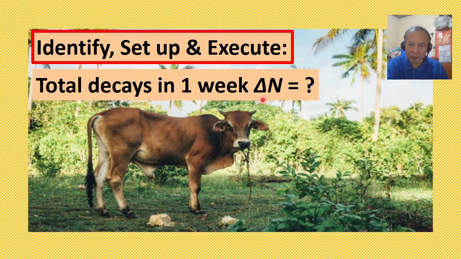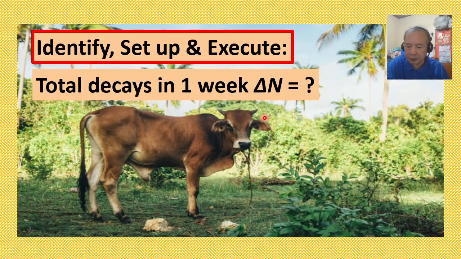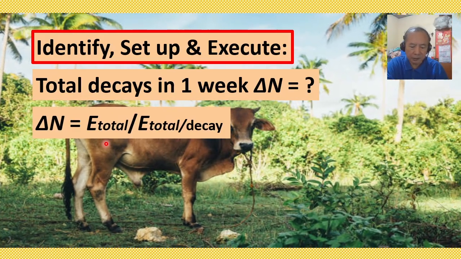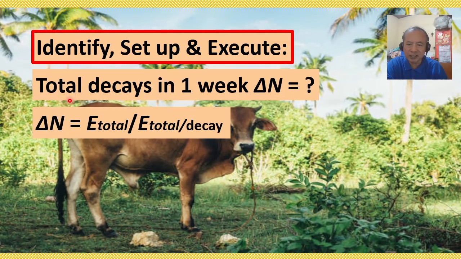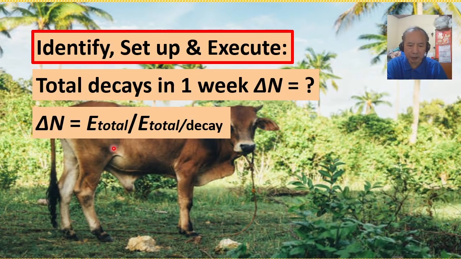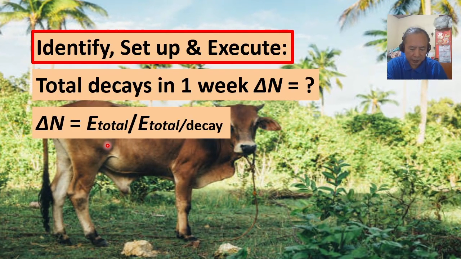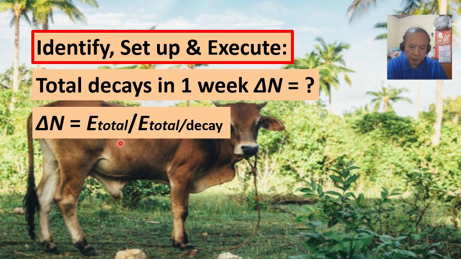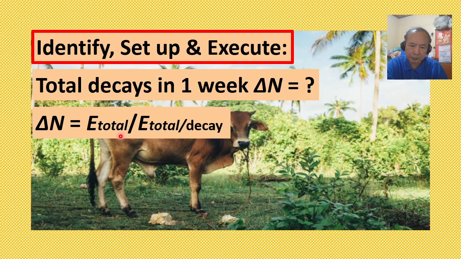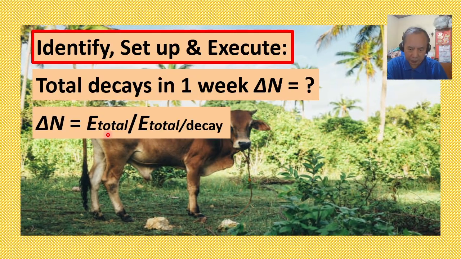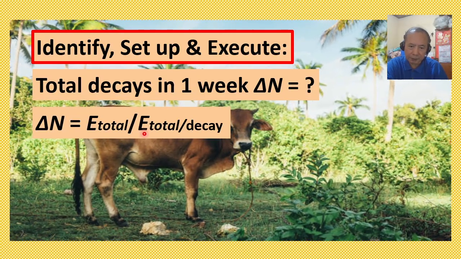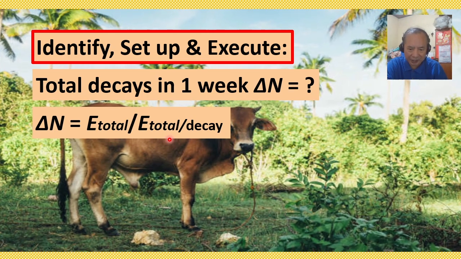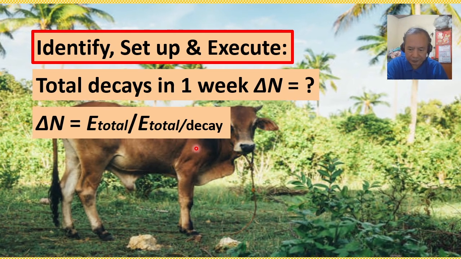So to determine delta N, we simply divide the total equivalent dose that we just computed earlier, the total equivalent dose in a week, that is, and then divide it by the total equivalent dose per decay, right?